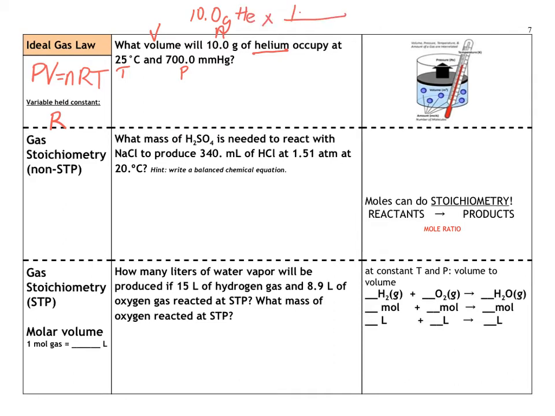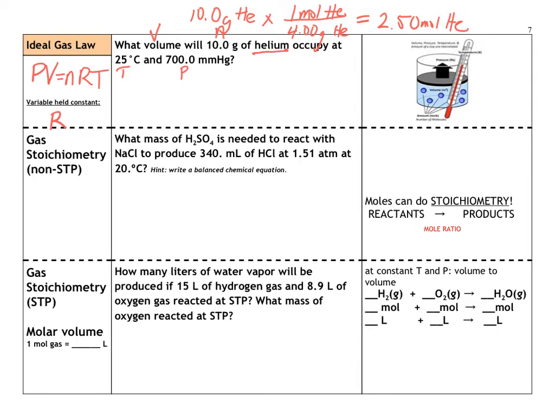So 1 mole of helium has a mass of 4.00 grams of helium. Now calculating and dividing that, I get 2.50 moles of helium.